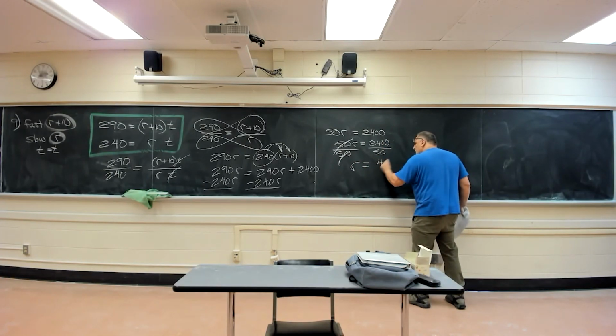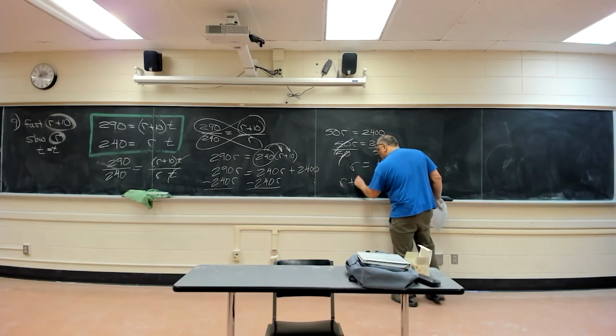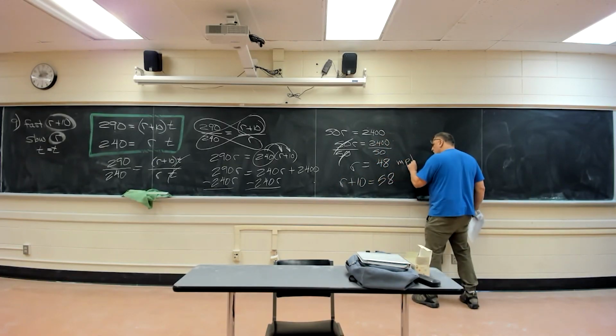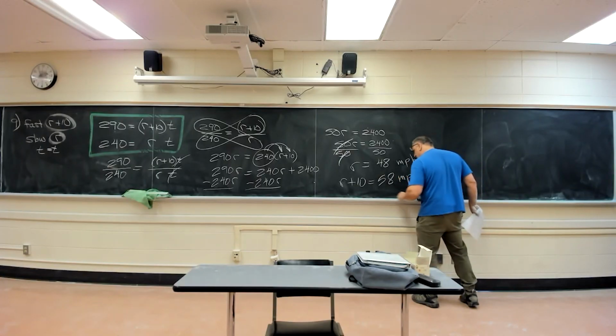Do this, I got r is 48. If I add 10 onto 48, I got 58. Here are your two speeds, guys. Here's the slow guy, here's the fast guy, according to the mathematics that we just did.